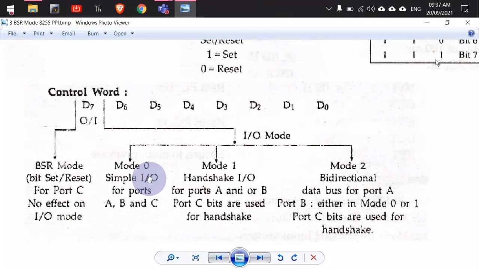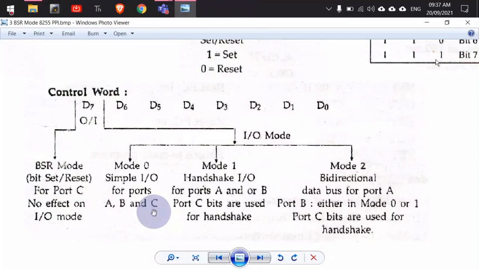So mode 0 is a simple input output mode for ports A, B, and C, which do not take care of whether the data that is sent or received is being acknowledged to the other device, right? If the processor is transferring the data, it will just transfer the data without bothering about whether the input output device has received it correctly.